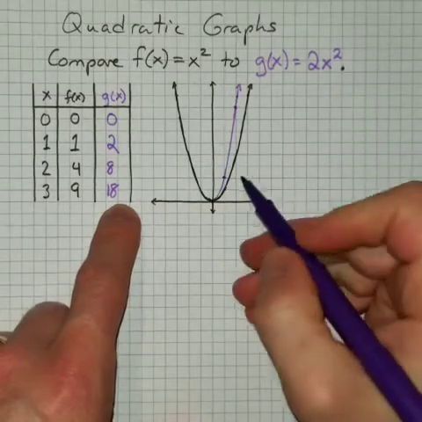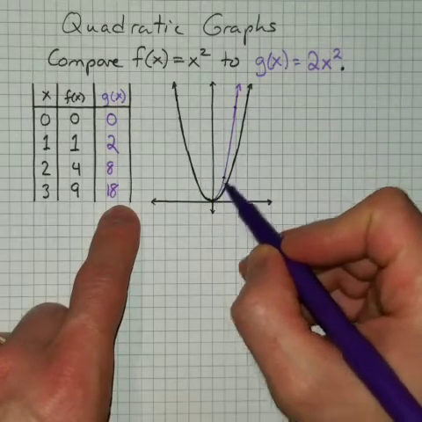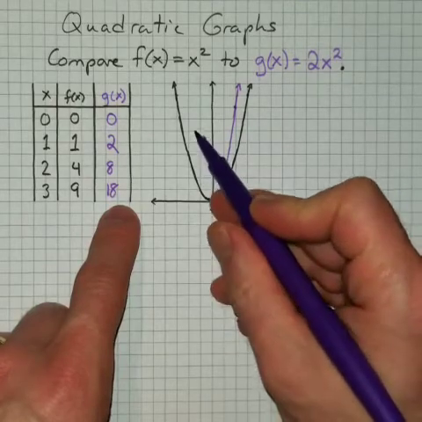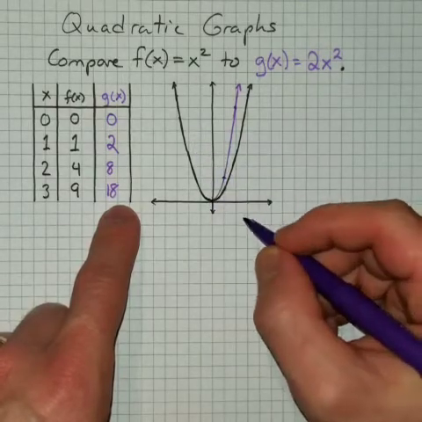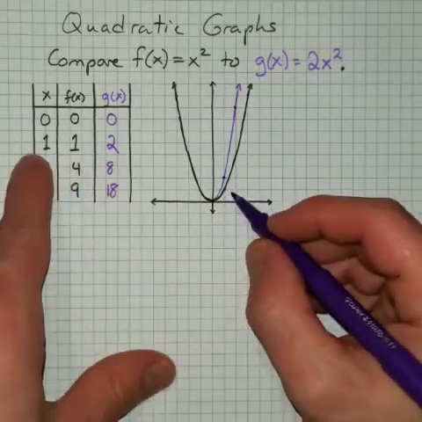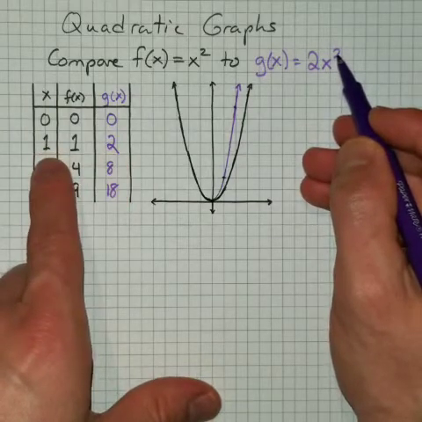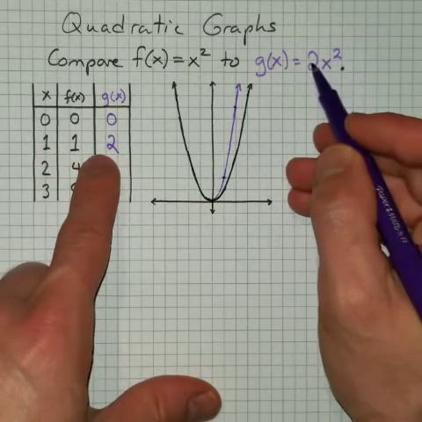And if I use the idea of symmetry here, I know that the graph on the right is going to be symmetrical to the graph on the left. So I could repeat these points on the negative side, right? So it would be negative 1, 2. It would be the same thing, right? If I square the negative 1, I would get 1, and then multiply by 2, I get 2.